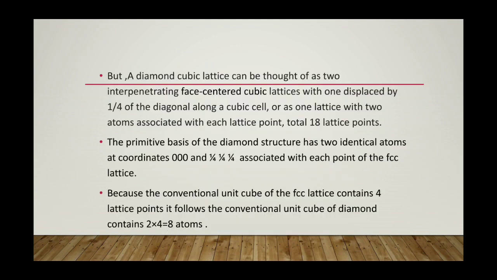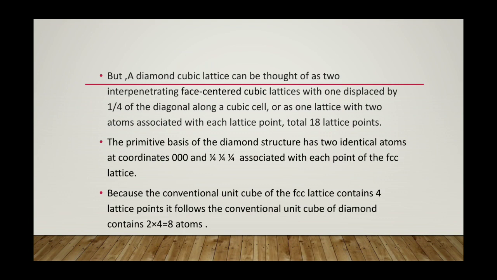But a diamond cubic lattice can be thought of as two interpenetrating face-centered cubic lattices, with one displaced by 1/4 of the diagonal along a cubic cell, or as one lattice with two atoms associated with each lattice point. Total 18 lattice points.